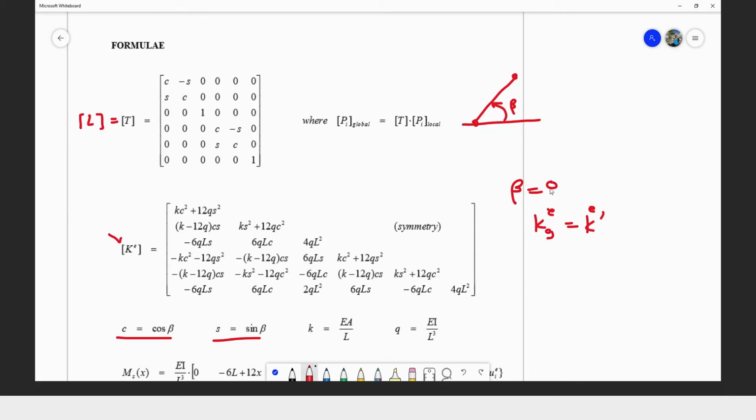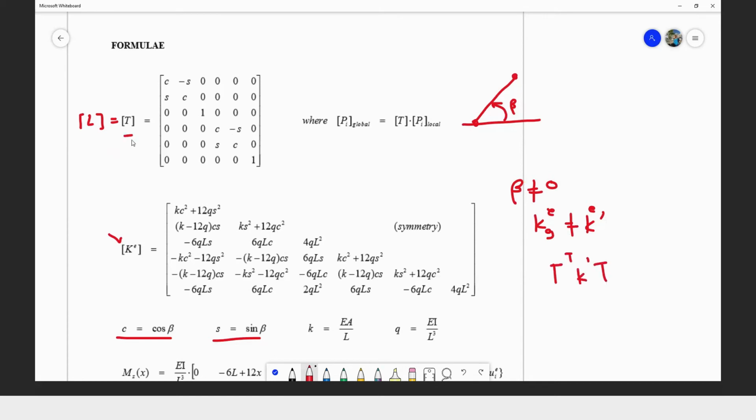But once we have an angle other than zero, when the angle is not equal to zero, we cannot take this assumption anymore. But in this document, you are not required to do the transformation T K T anymore in this case.